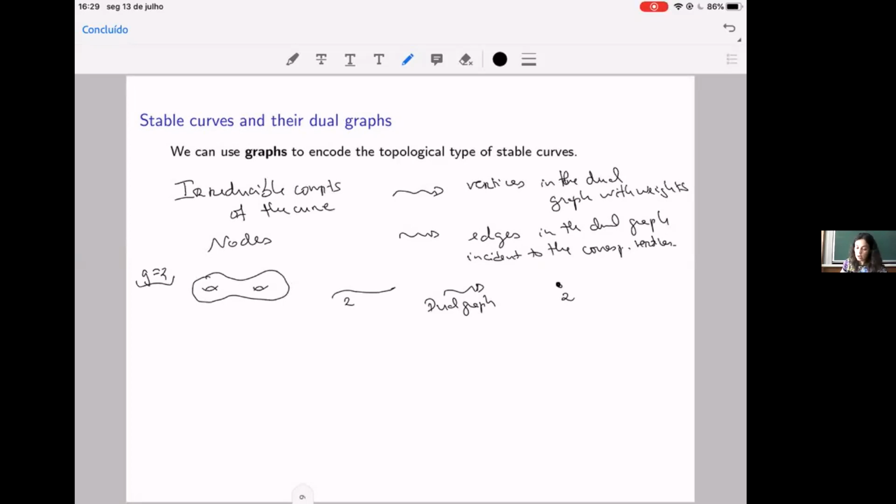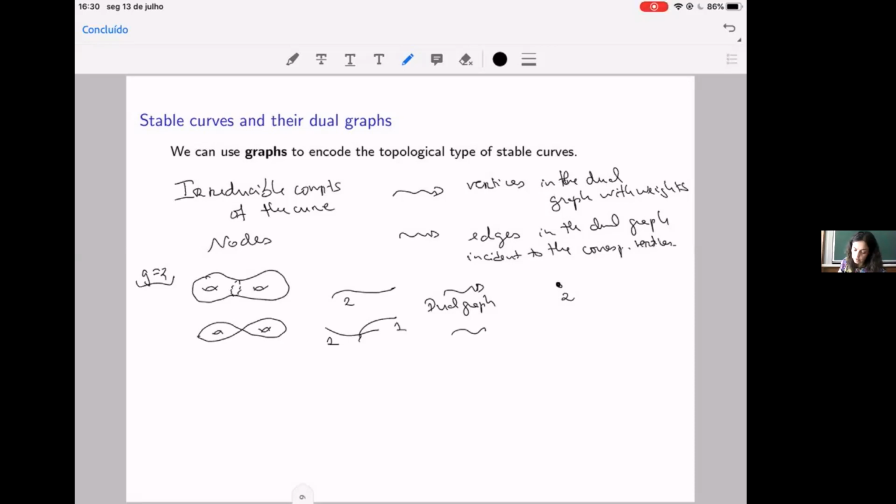And then I want to see the stable graphs, the stable curves, which will be obtained by degenerating my original smooth curve. For instance, imagine that you shrink a circle here, and then you end up with a curve like this. So you have a node here. I see this as two smooth genus 1 curves meeting in one node.